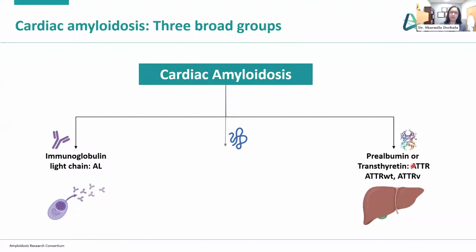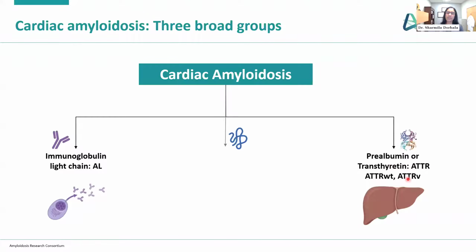The more common form that we see in clinical practice is transthyretin, or ATTR cardiac amyloidosis. This is misfolding of transthyretin protein that's normally produced by the liver and a few other organs. This protein can misfold either because of aging, and that is called wild-type transthyretin amyloidosis, or it can misfold because of a variant in the TTR gene, and then you have transthyretin variant form of amyloidosis.